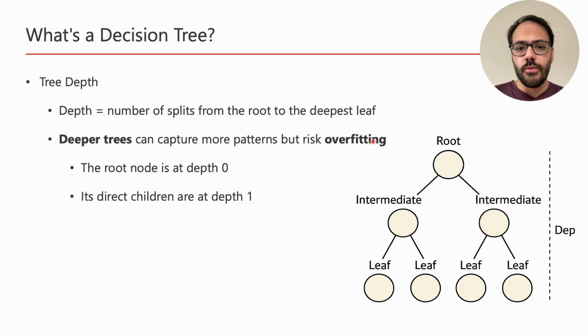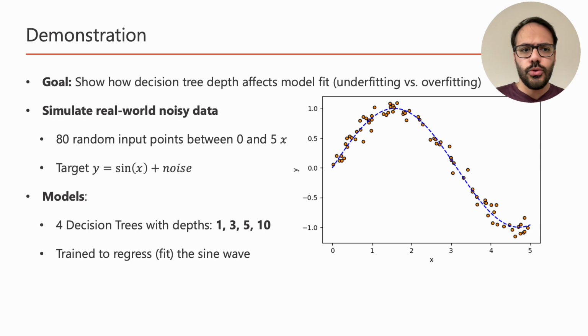One takeaway here is that the depth of a tree is very important. In this case, we have depth 2, so that's 1, this is 2, and we want to see what happens as we increase the depth of a decision tree model. In order to explain this, let's look at the synthetic data set that you see here.